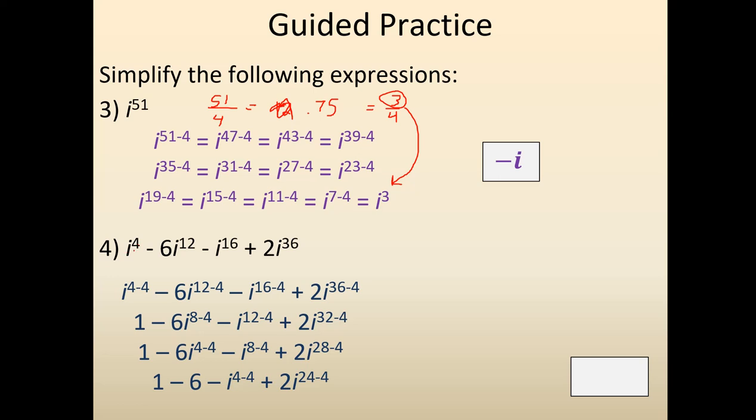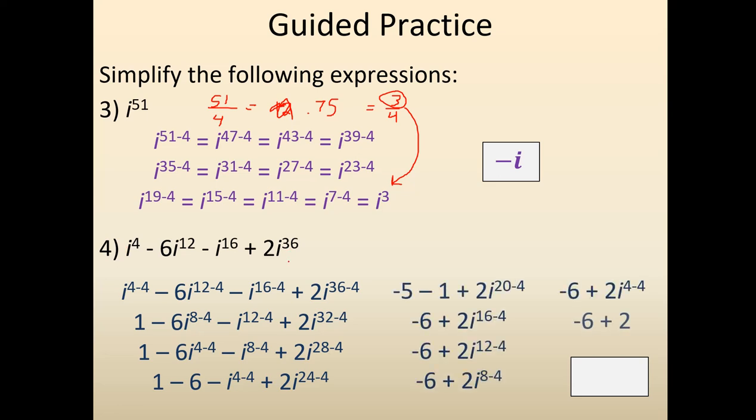So this becomes i to the 0, this is i to the 0, i to the 0, i to the 0, which as we know is just 1. So what we end up doing is combining the coefficients. So this becomes 1 minus 6 minus 1 plus 2. And when I add all this together, I end up getting negative 4.